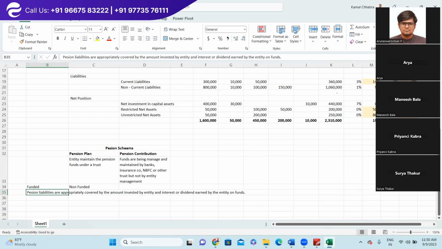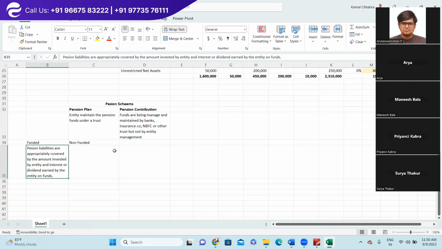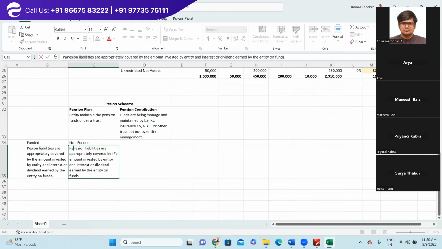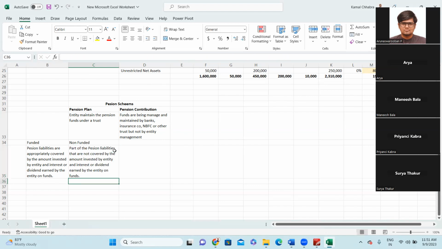That is called funded. What is non-funded? Part of the pension liability that is not covered by the amount invested by the entity or interest or dividend earned by the entity on the funds. Right? Make sense?